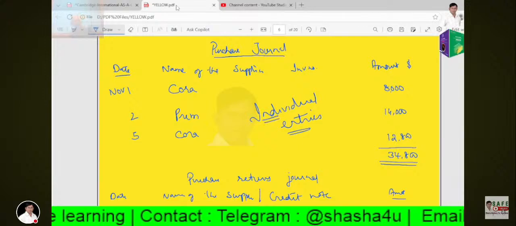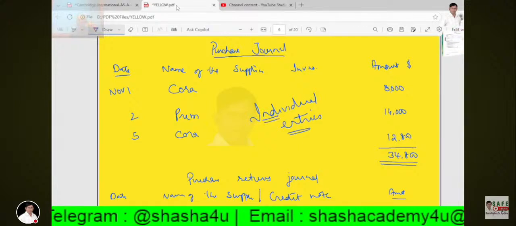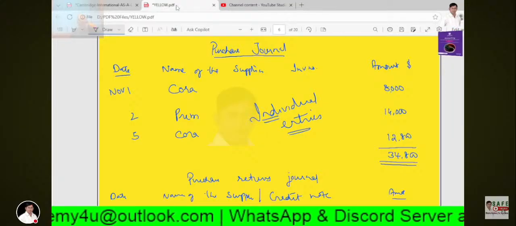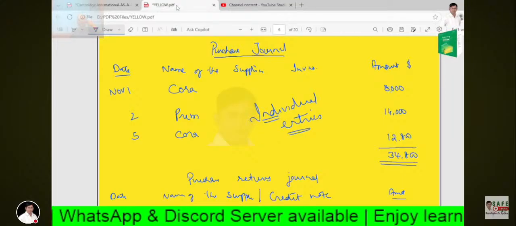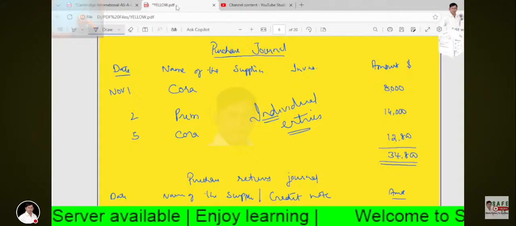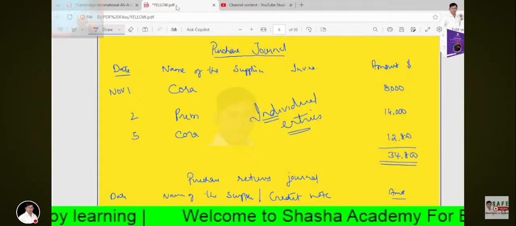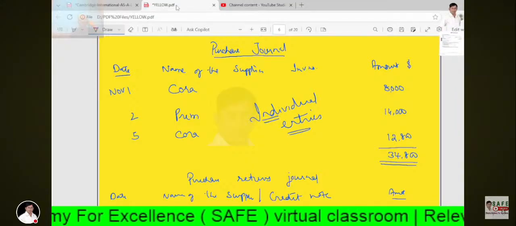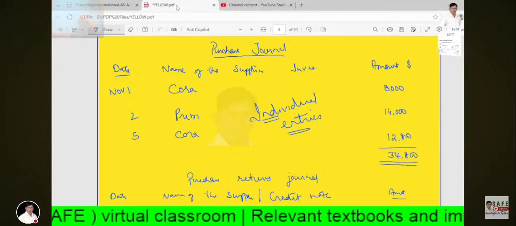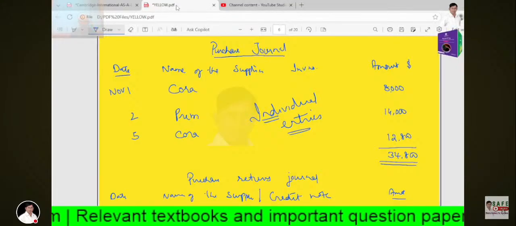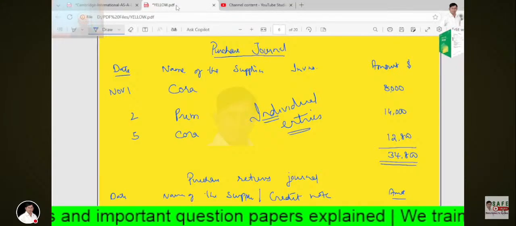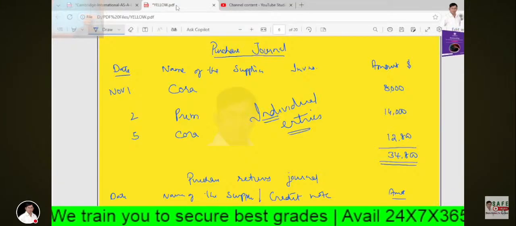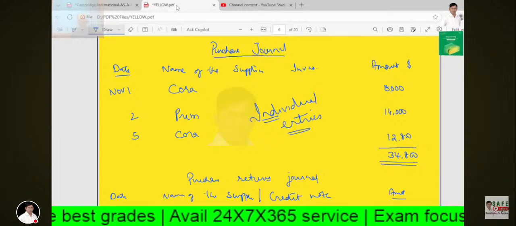So this way you will remember this again when you are preparing control accounts, when you are reconciling control accounts, at that time you may need this knowledge, because this is the logistics you have to understand. You have to keep this in mind in the lesson on control accounts. So these are all interrelated.